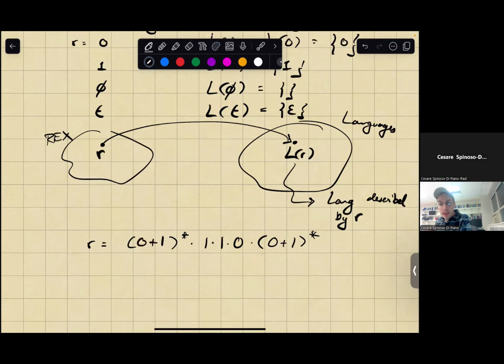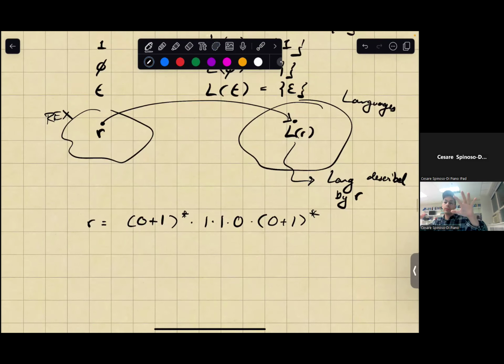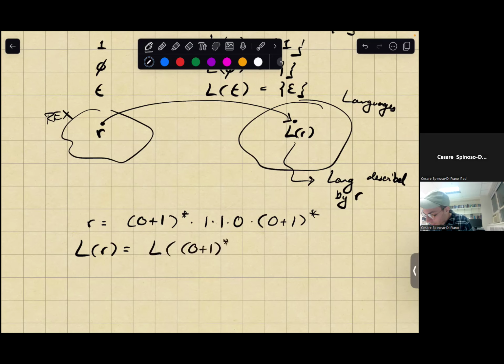Essentially what's going on is that there's a mapping between regular expression operations and language operations. So if you take L of R, what I can do is break this down into multiple language operations. So here I would get L of (0 or 1) star, concatenate, and now this is language concatenation, L of 110.